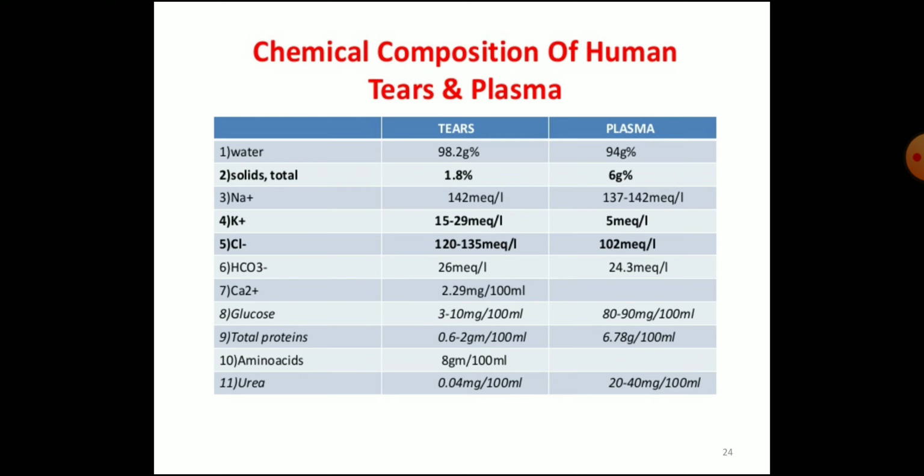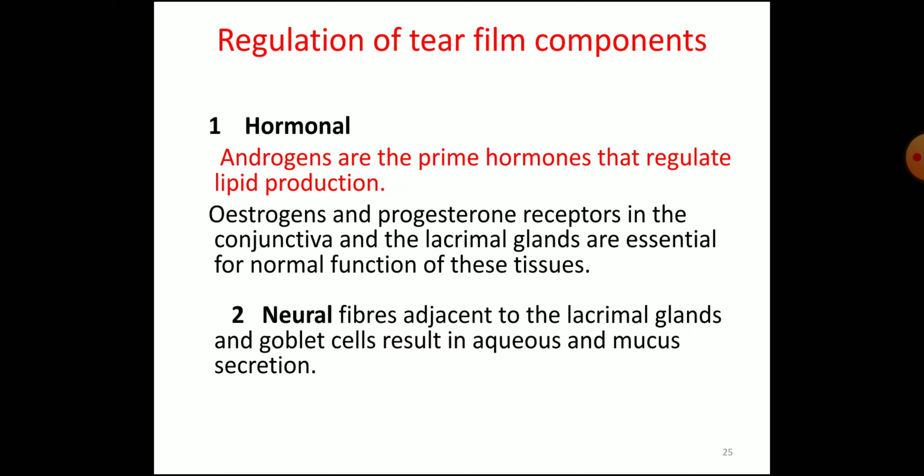Then amino acids, and finally urea, which is 0.04 milligram per 100 ml in tears and 20 to 40 milligrams per 100 ml in plasma. So there are some differences in the composition of electrolytes and the water content in the tears compared to the plasma.